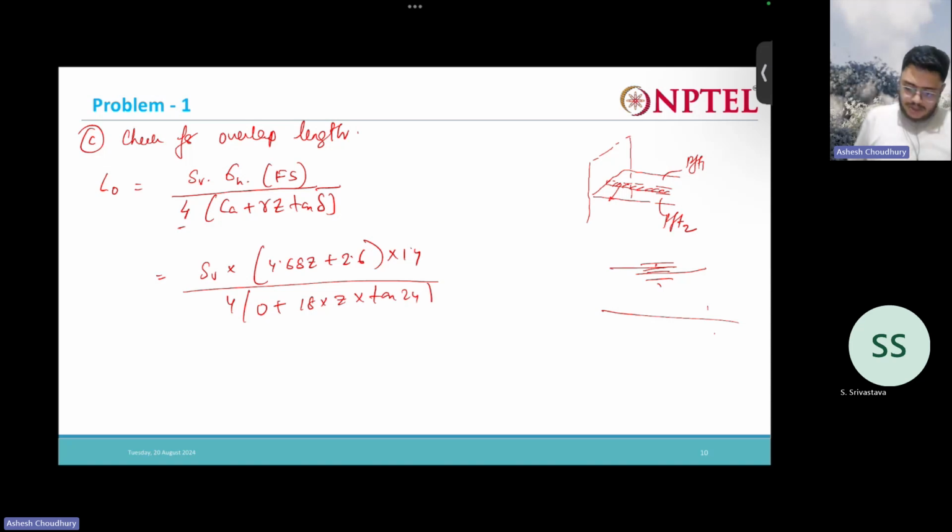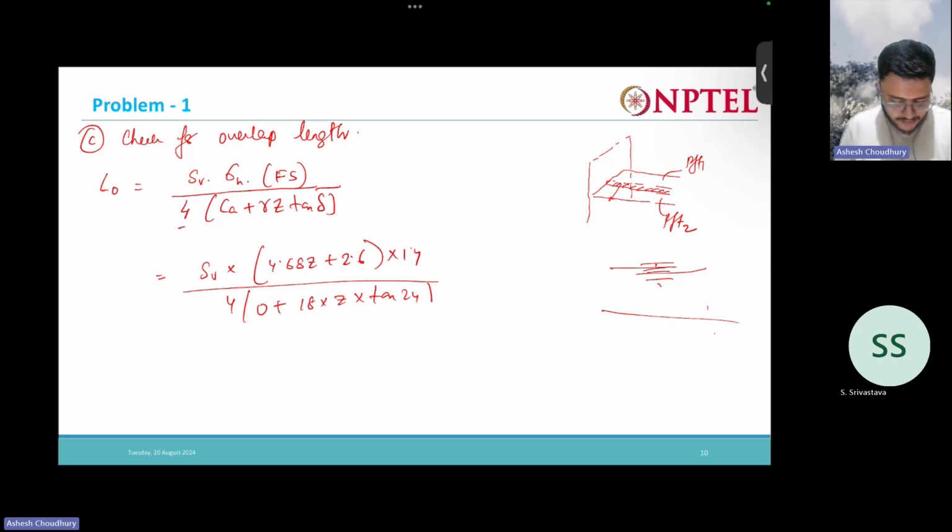Okay, so this is the expression for L naught. Now we have to make a table and calculate L naught for each of the S, V and Z. I would say no, let us just check one case.